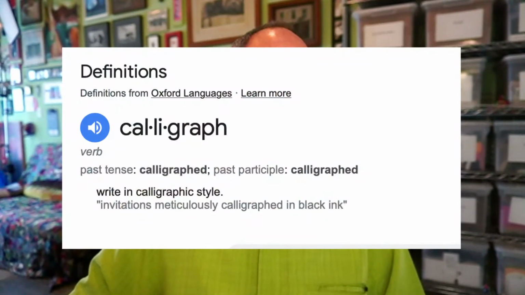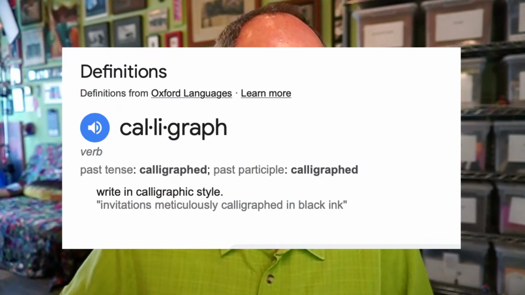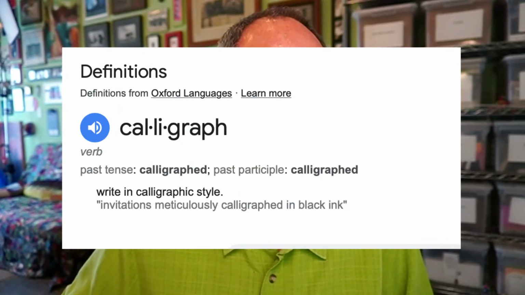Okay, I got it. There we go. Hold on. Okay. So, I did not want you to watch me floundering around, but there we go. Definition. Calligraph. Past tense.